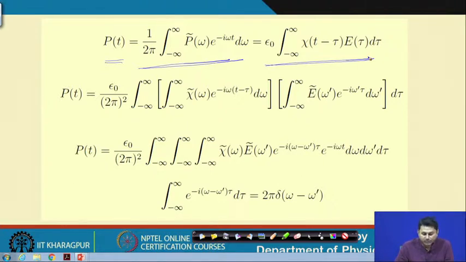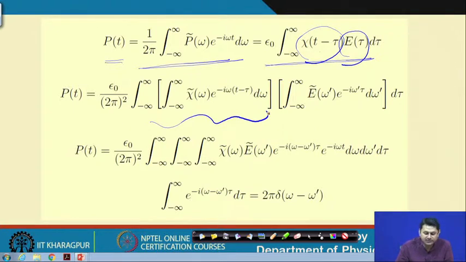So, next what we will do, we will make a Fourier transform of these quantities. If I do, then for this case I have a Fourier transform, and for E(tau) I have another Fourier transform. So, this is the Fourier transform of chi(t minus tau).